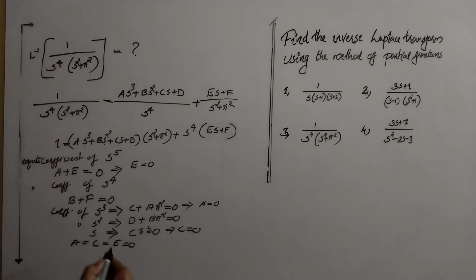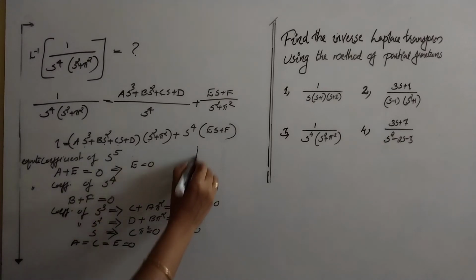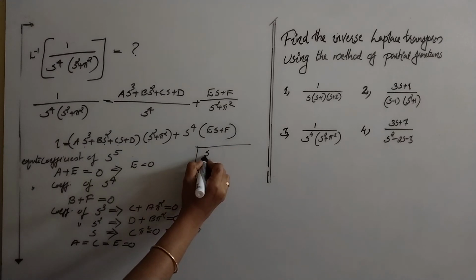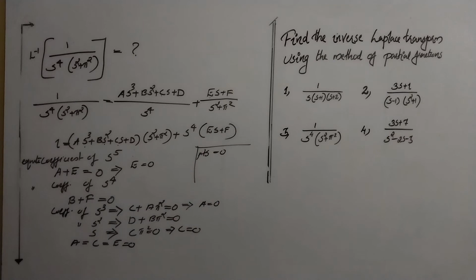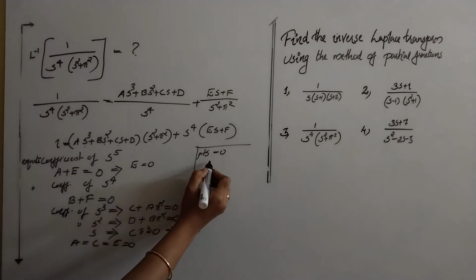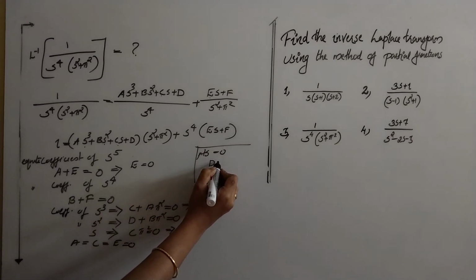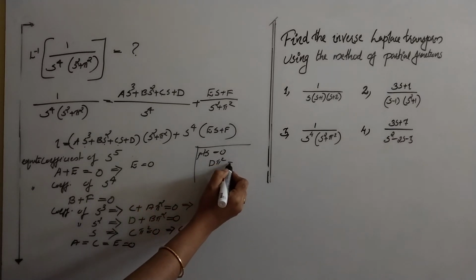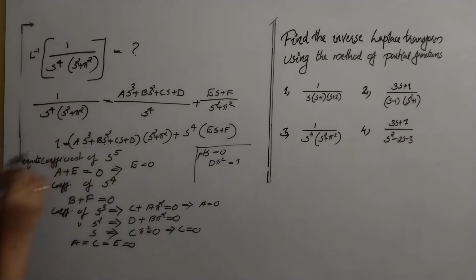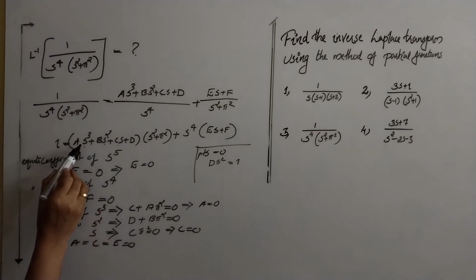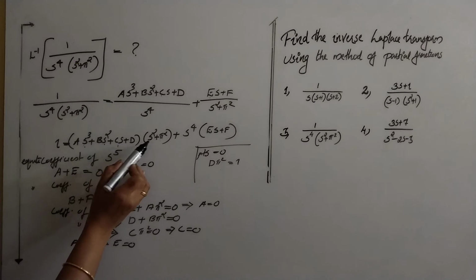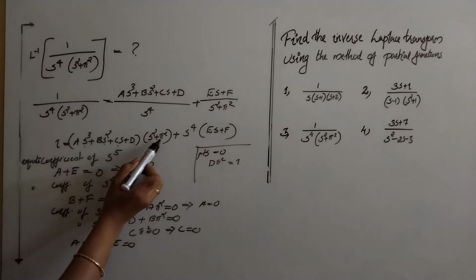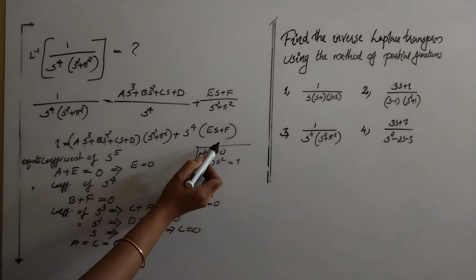Now putting s equal to 0, what do we get? Put s is equal to 0, this implies d pi square is equal to 1. On numerator it is 1. If s is equal to 0, this term becomes 0, this term 0, this term 0, here also 0, and d into pi square will remain.